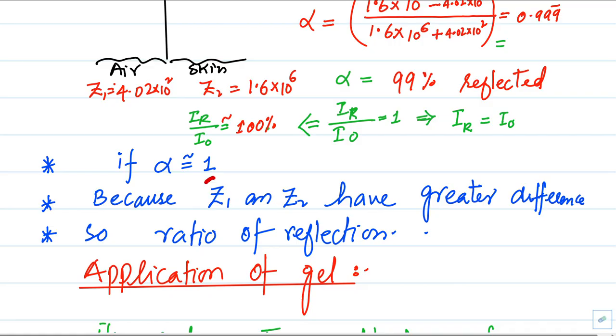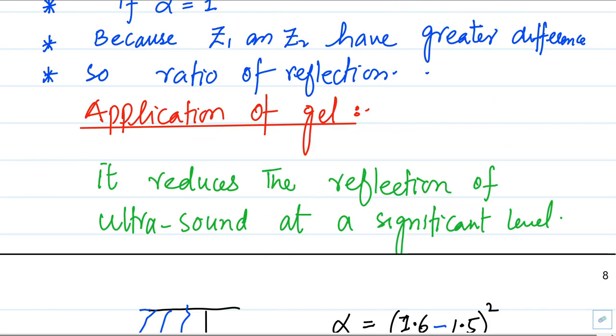Almost 0 means Z1 and Z2 have a greater difference, so that the ratio of reflection would be greater. Remember this thing. This is an important question: why will the reflection be more? Because there is a difference in the Z's. When there is a difference in the Z, then reflection will be more.